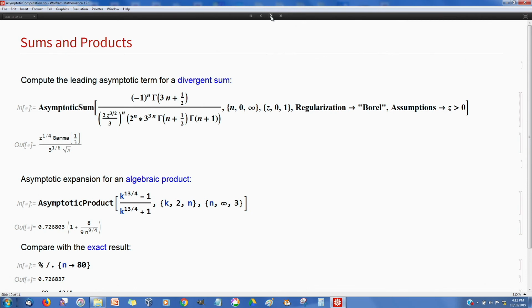Even today, I get emails like every few months saying, I like that blog post. So the question is, can we do asymptotics of divergent series? In a sense, that's the only place where you want to do asymptotics because you don't have a good convergence criterion at all. So over here, what you have is a divergent sum, pretty messy one. I'm saying Borel regularization, which is a kind of regularization, and you get back a nice, simple answer over here.